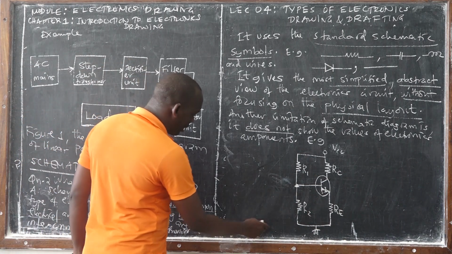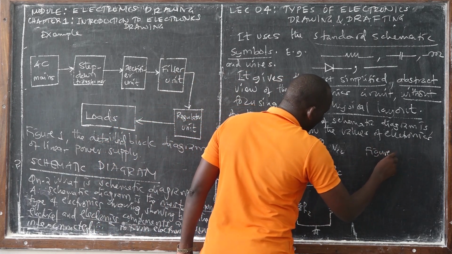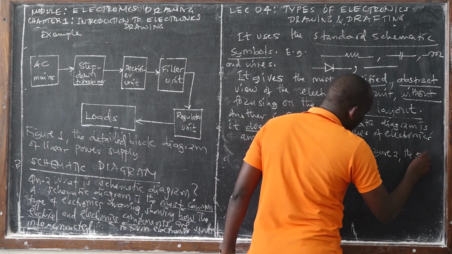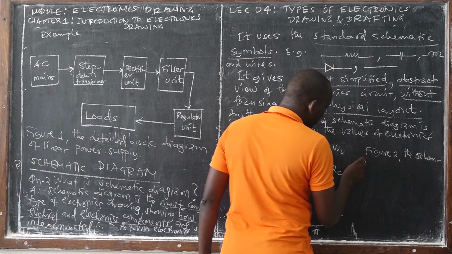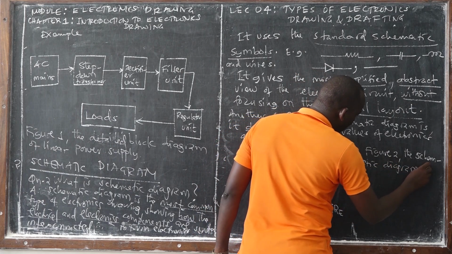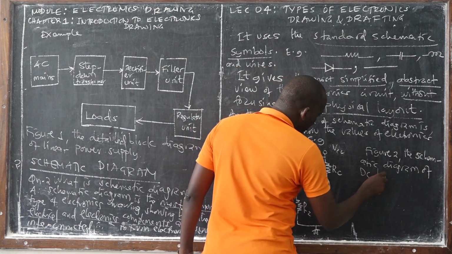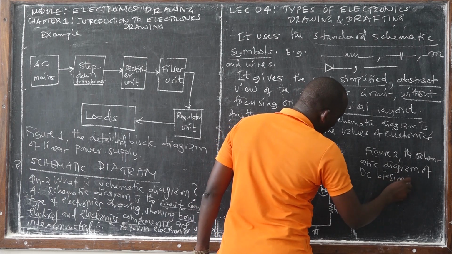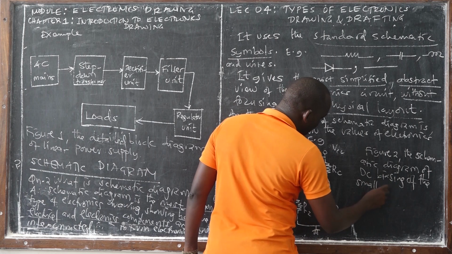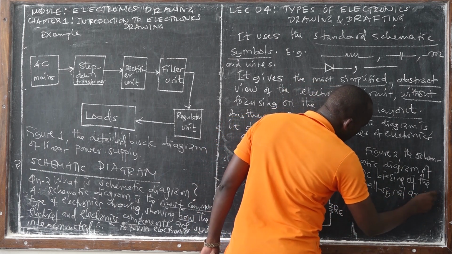So you have to label it here. This is figure 2. The schematic diagram of DC biasing of the small signal amplifier.